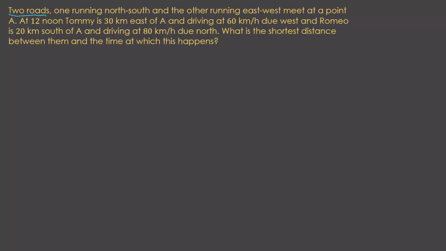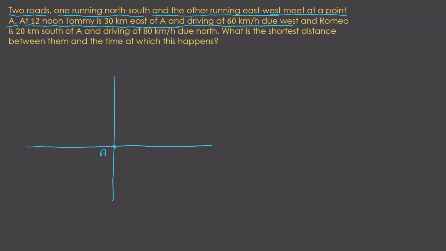Two roads, one running north-south and the other running east-west, meet at a point A. Well, let's draw that situation. At 12 noon, Tommy is 30 kilometers east of A and driving at 60 kilometers per hour due west.